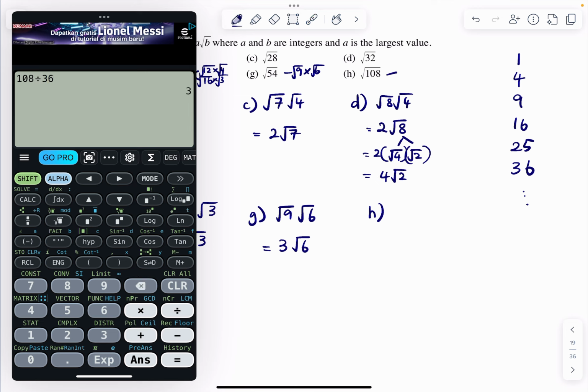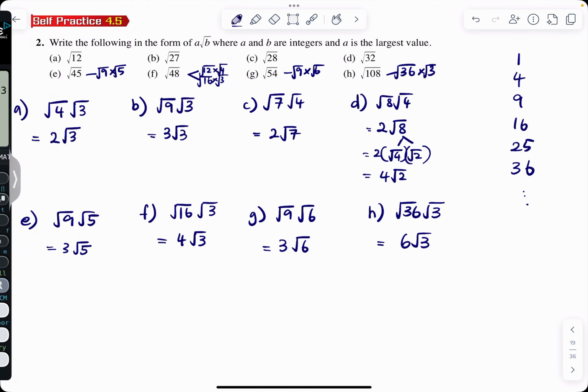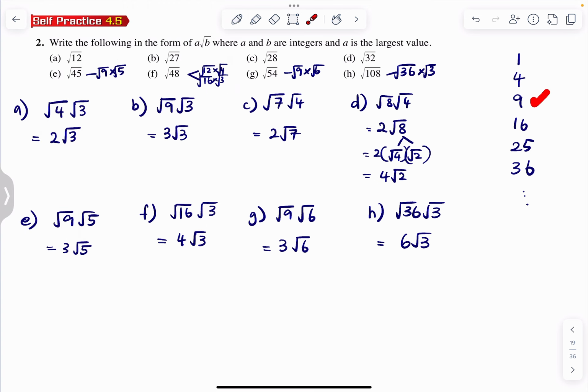Right. So this is 36 times 3. So root 36, root 3. Root 36 is 6. 6 root 3. Okay, even though we can divide by 9, we take the biggest number because they want the biggest possible A. So these will be all our answers. That's it.